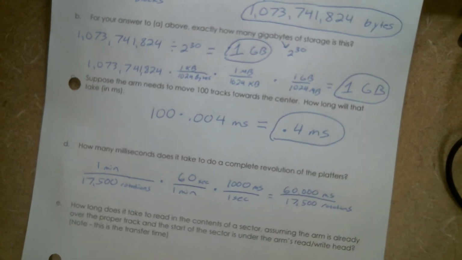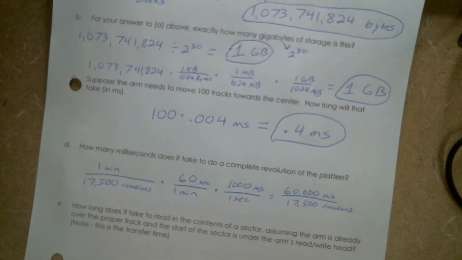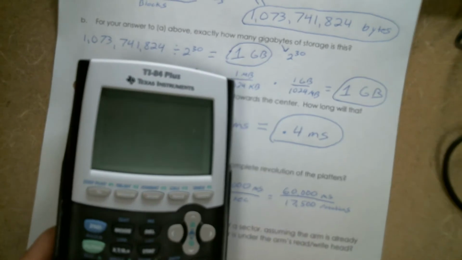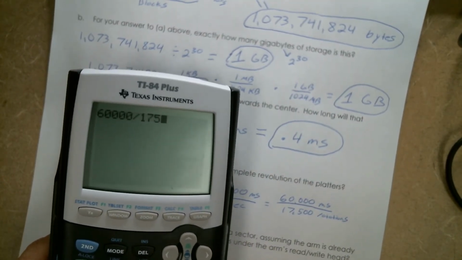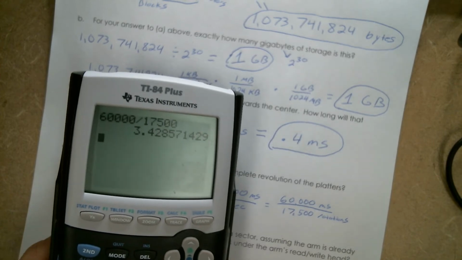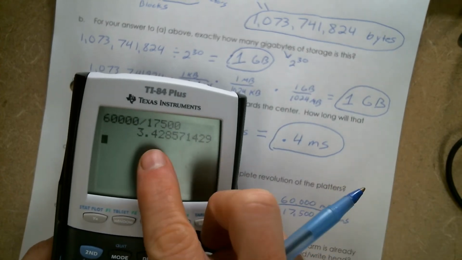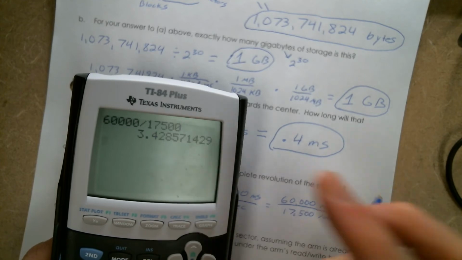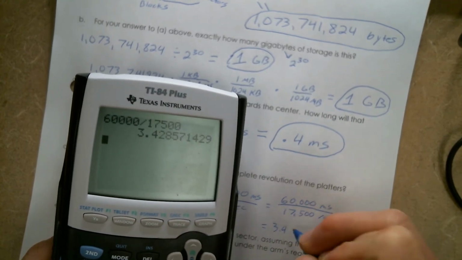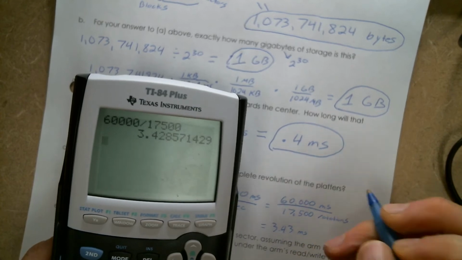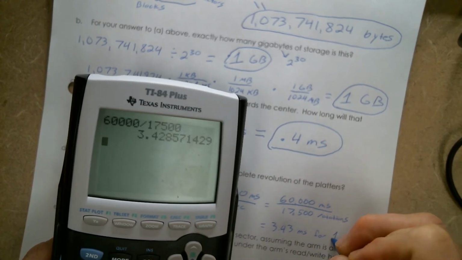And then if we divide those two numbers, so 60,000 divided by 17,500, we're going to see that it takes 3.43, we'll round it here. So 3.43 milliseconds for one rotation.